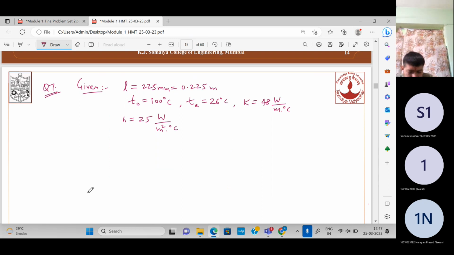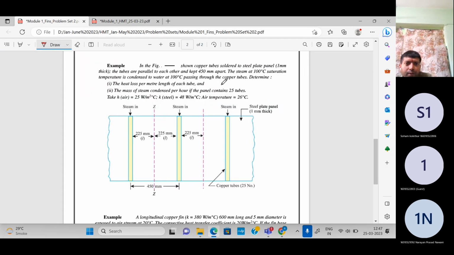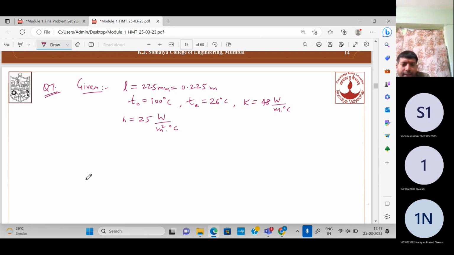Let's see. Okay, so fine. So here you can see fin is having finite length. Okay, and here we have taken case 2, that is fin is having finite length and insulated at the tip.